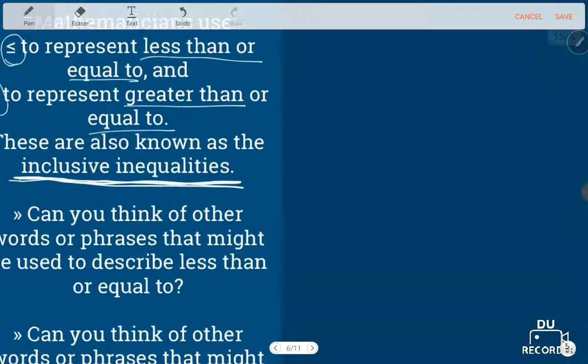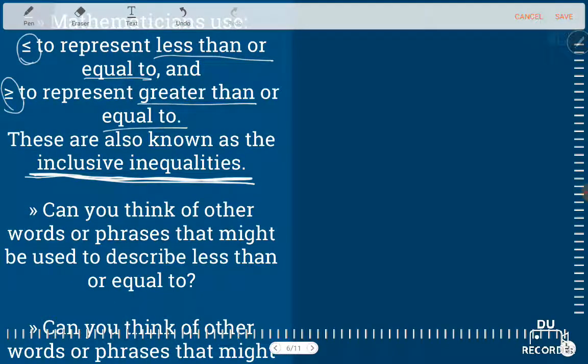Okay, so let's make another little table like we did for less than and greater than. So if we have the symbol less than or equal to, some other ways that we could say that, and then greater than or equal to. These words are a little tricky because sometimes it's not what you would think right away. Let's think if I was buying lunch and I could spend at most $10.